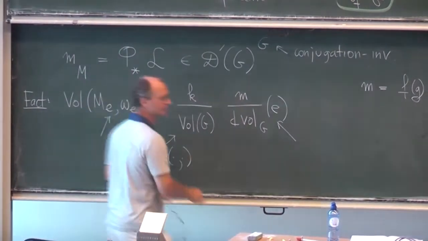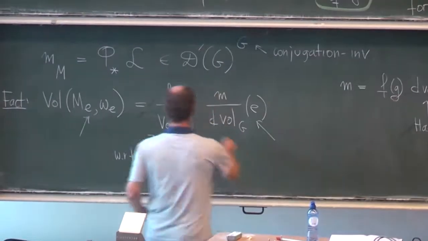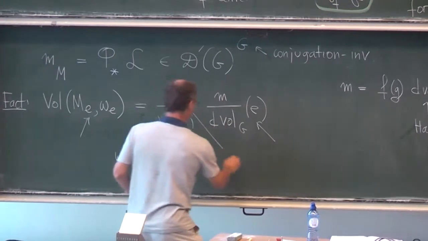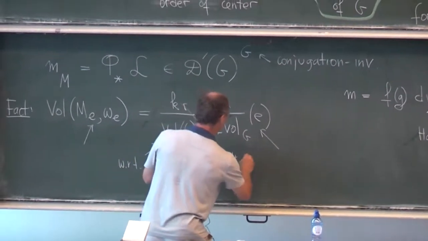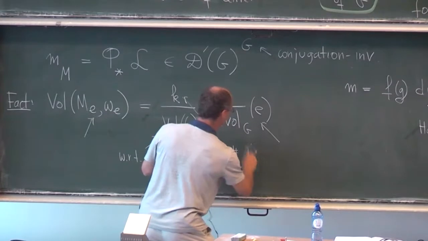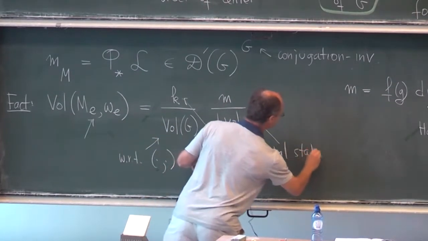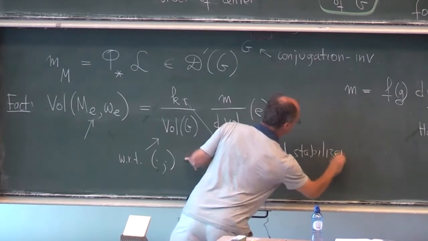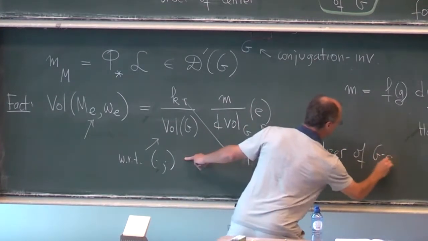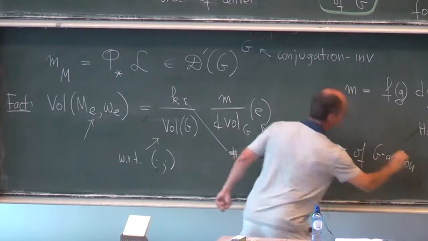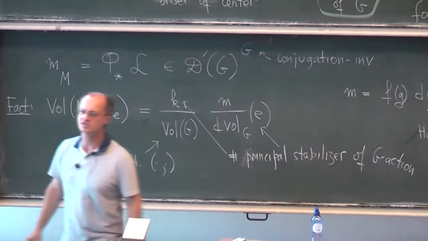And K, finally, is the number of points in the so-called principal stabilizer of the G action. I'll tell you in a second how it works.